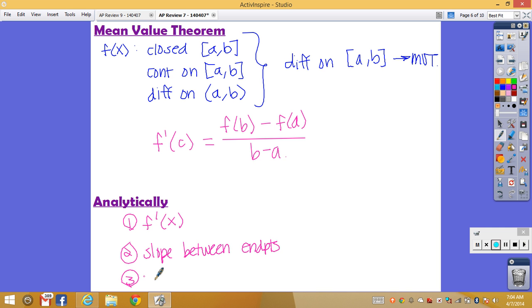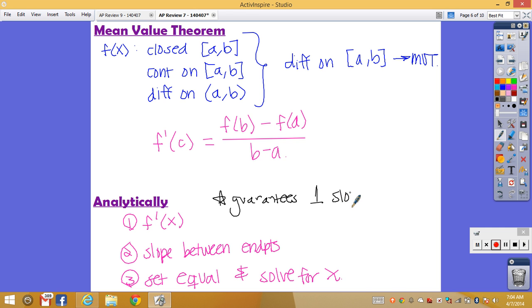And then 3, set equal and solve for x. Mean value theorem guarantees one slope value, and the only slope value that it guarantees is the slope between the endpoints. Okay?